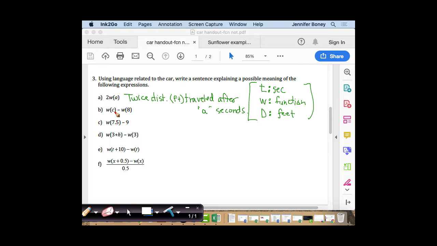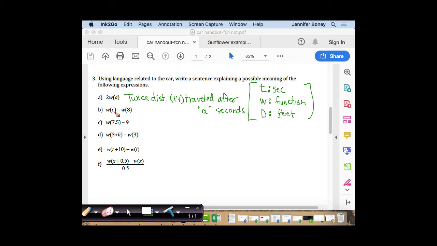Can you think of a way to describe what this subtraction could represent? Well, we can talk about, yeah, the change in total distance traveled by the car between t equals 8 seconds and t equals c seconds.